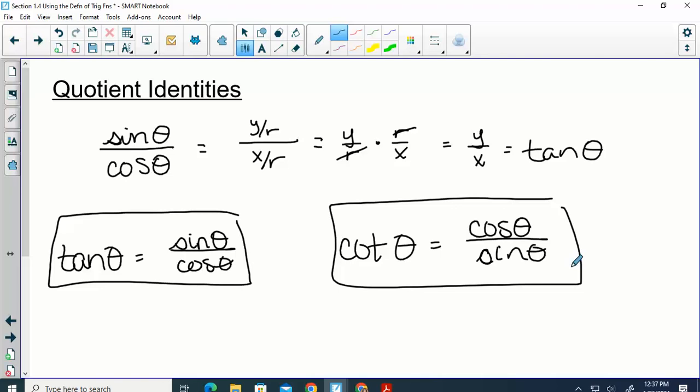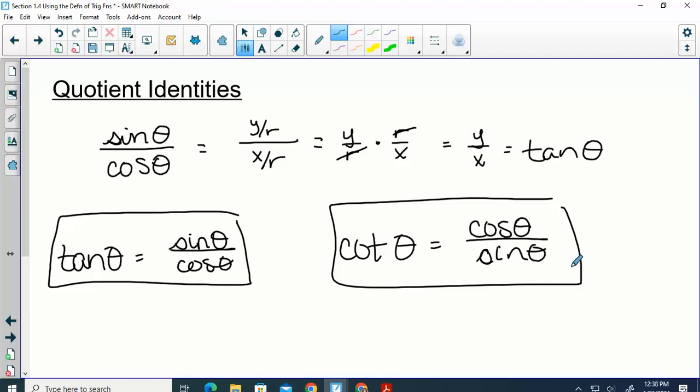You could divide other two functions and see what you get. These are just the common ones. So really what I've given you right now is just a lot of tools for finding the same thing. You don't have to have the Pythagorean identities or the quotient identities to do any of your problems, but they can be helpful. And as we move forward, we will use them more and more often.